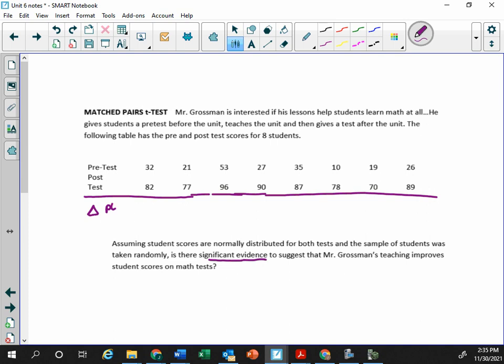Yes, so that's what we're going to find is post minus pre. You could go through by hand and go, okay, 82 minus 32 is 50. Or we can have our calculator do this for us. We need it in our calculator anyway, so we might as well just let it do the work for us.